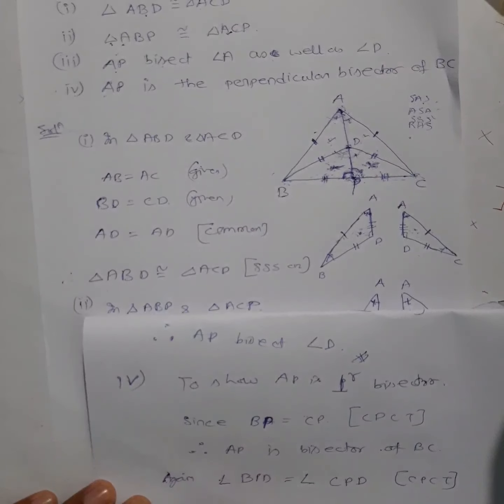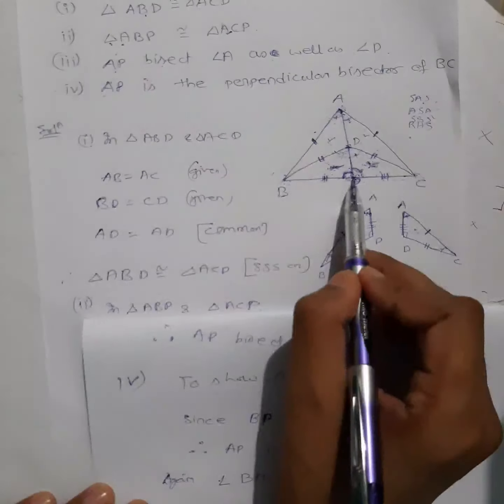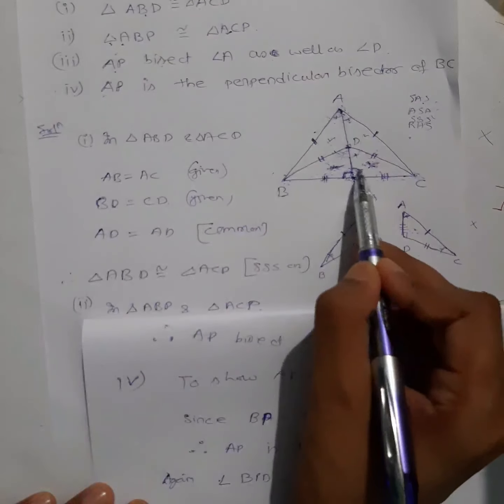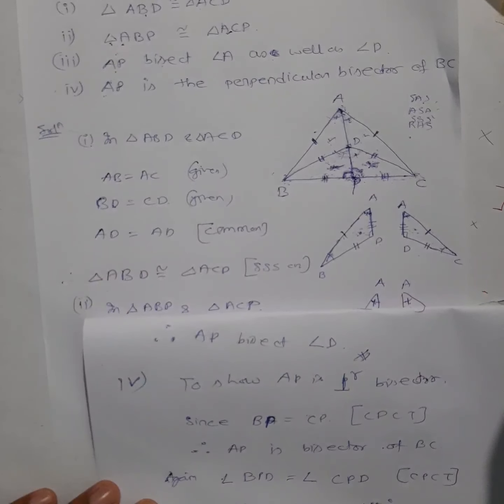Now angle BPD plus angle CPD is equal to how much? 180 degree. BPD plus CPD means this angle 180 degree, which implies, now these two are same, right? So can I write twice of angle BPD is equal to 180 degree.